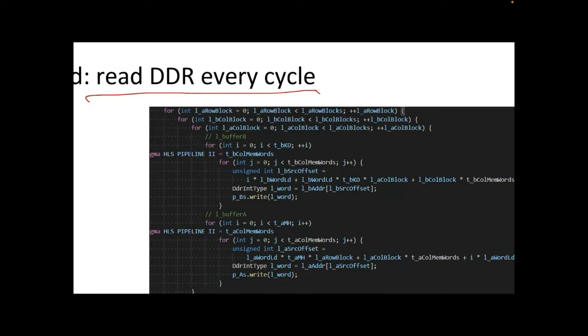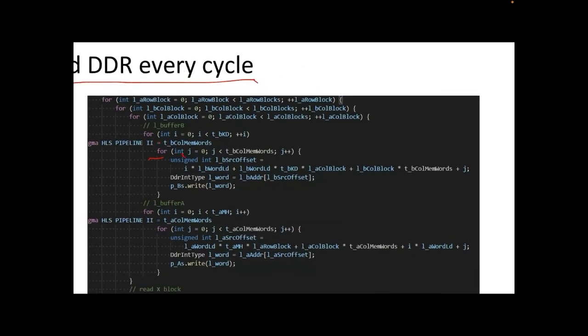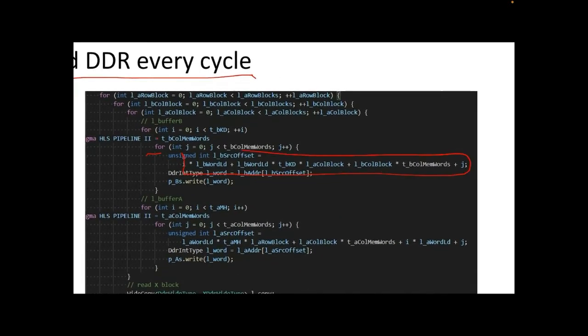There's no burst because the address, which is the array index, is not sequential. Only this one will have the burst, and for the other one, because you multiply so many things here, of course the increment is not 1.